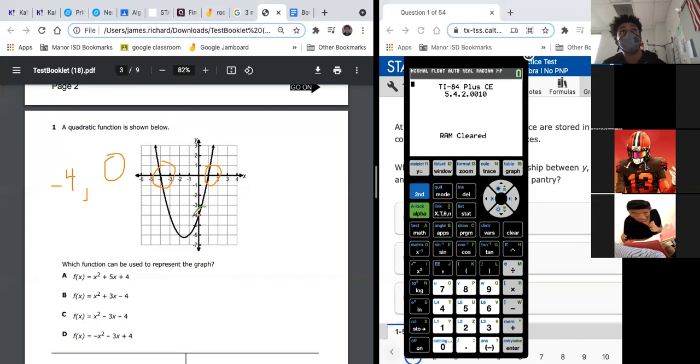The y-intercept is at 0, -4. And then lastly, I'll do the other one in blue, the other x-intercept. Can't see that well, but I think it's at 1, 0. So 1, 0.